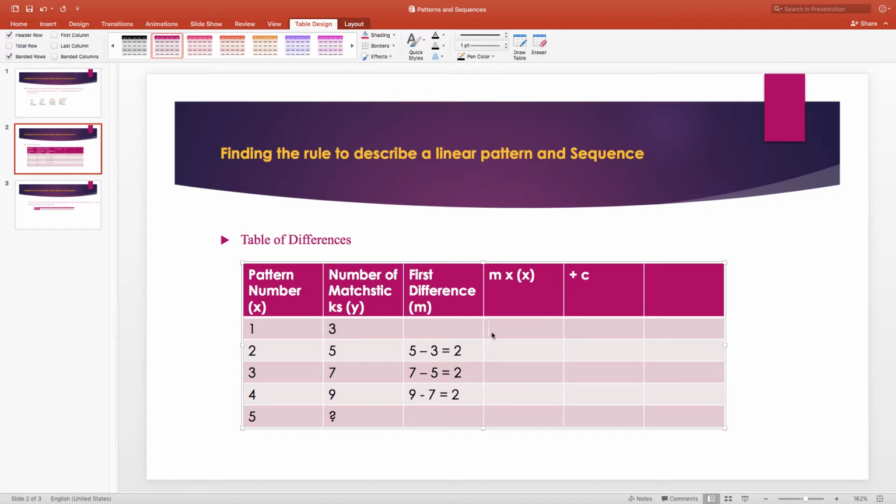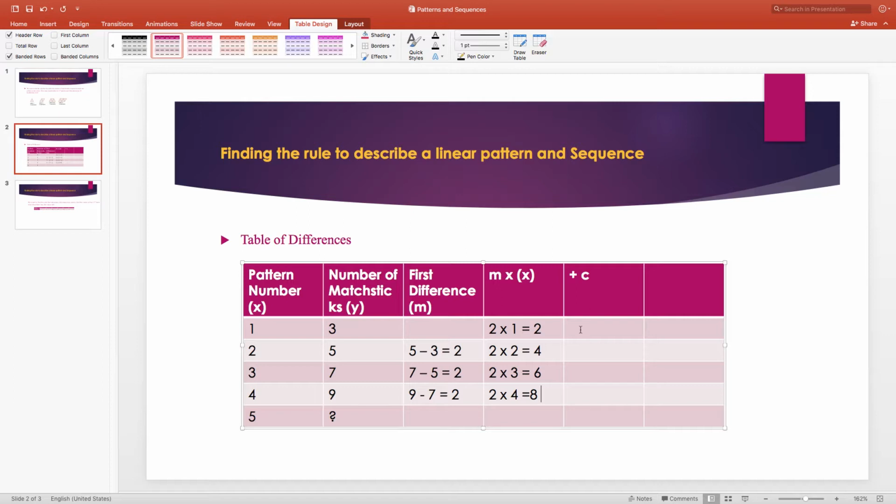So 2 times 1 equals 2, 2 times 2 equals 4, 2 times 3 equals 6, and 2 times 4 equals 8.